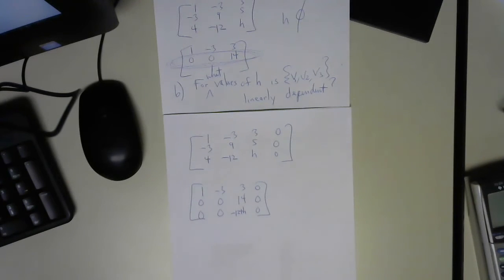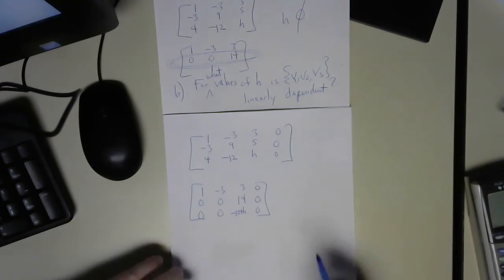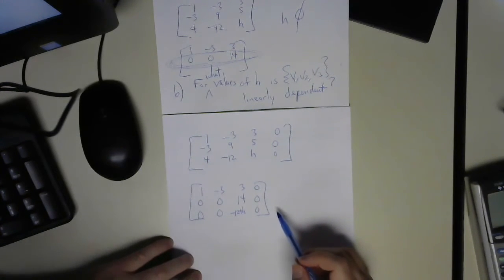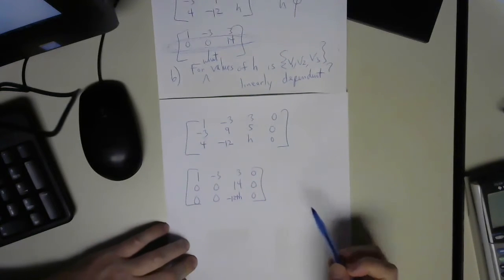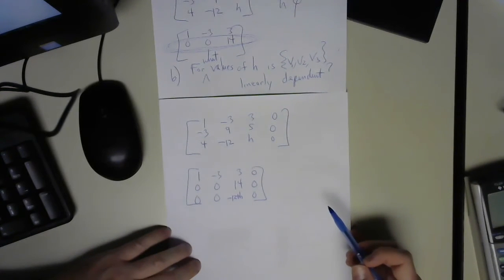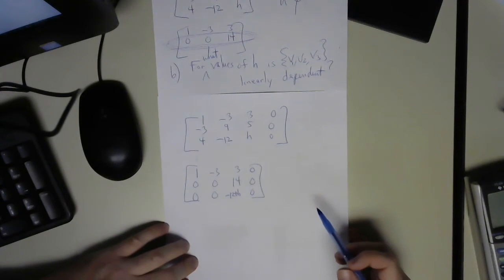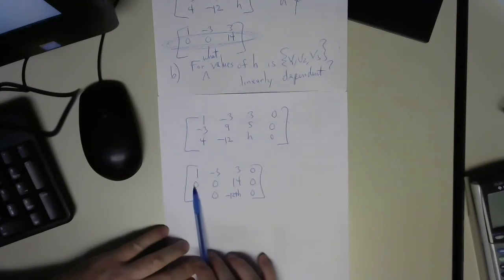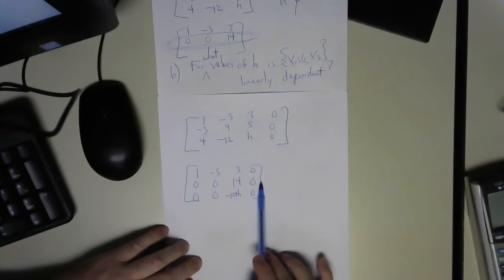All right. All right, now we want to put this thing in echelon form. And I suppose we could even put it in reduced echelon form if we wanted to. But it looks like I probably want to divide the second row by 14.